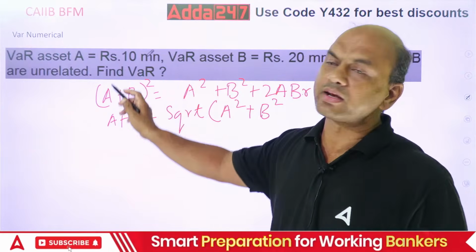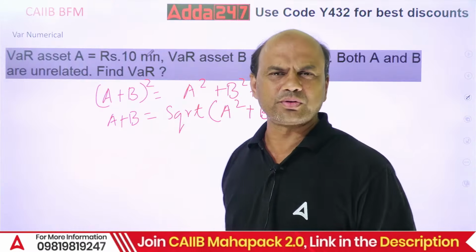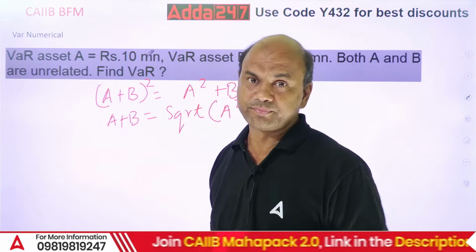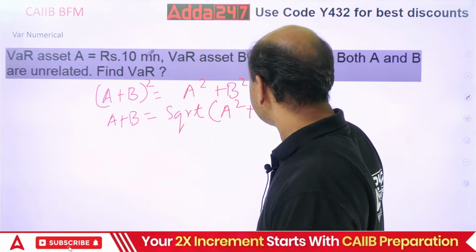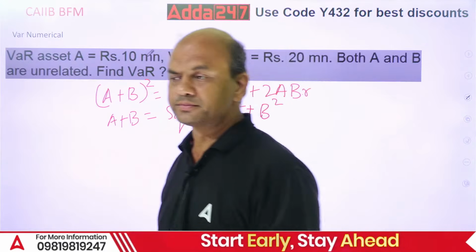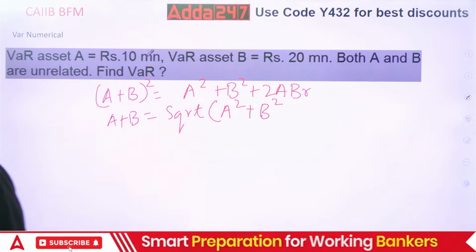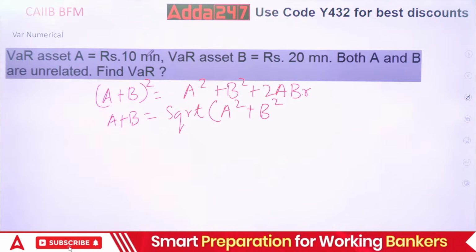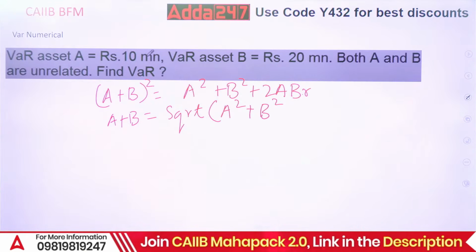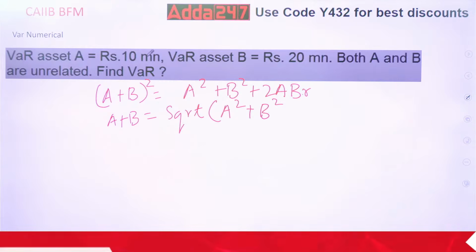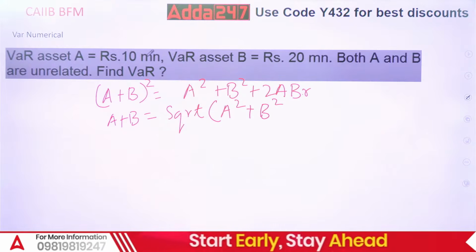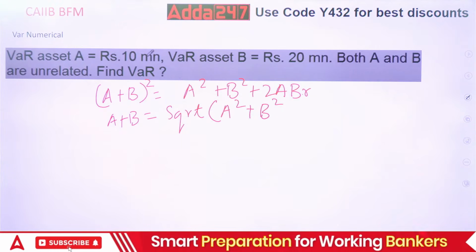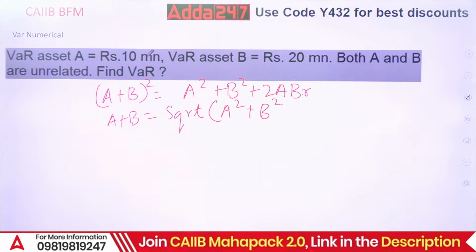Both A and B are unrelated. Unrelated means what? When I say A and B bonds are unrelated, this R is the coefficient of correlation. So for unrelated bonds, what will be the coefficient of correlation?